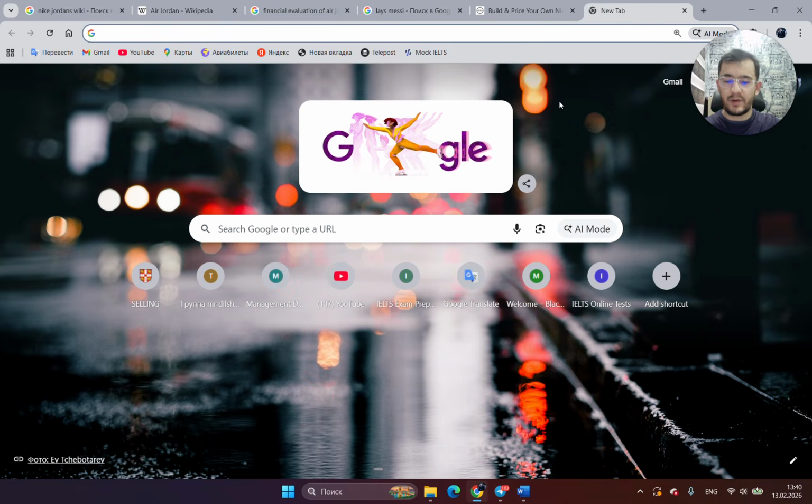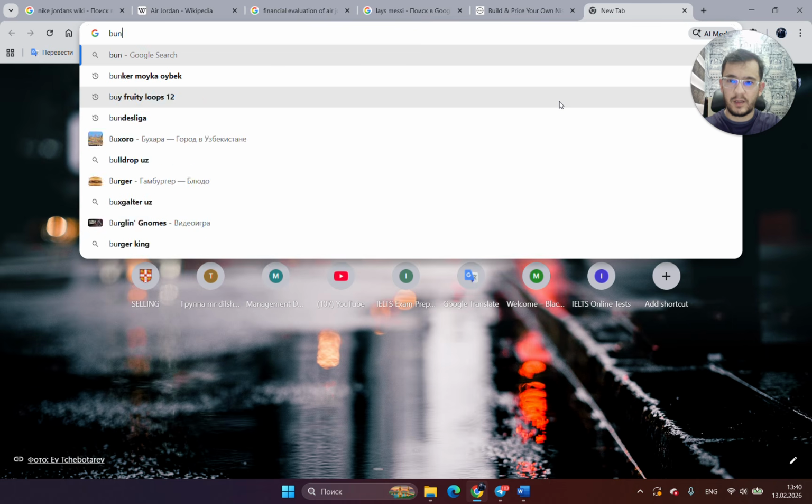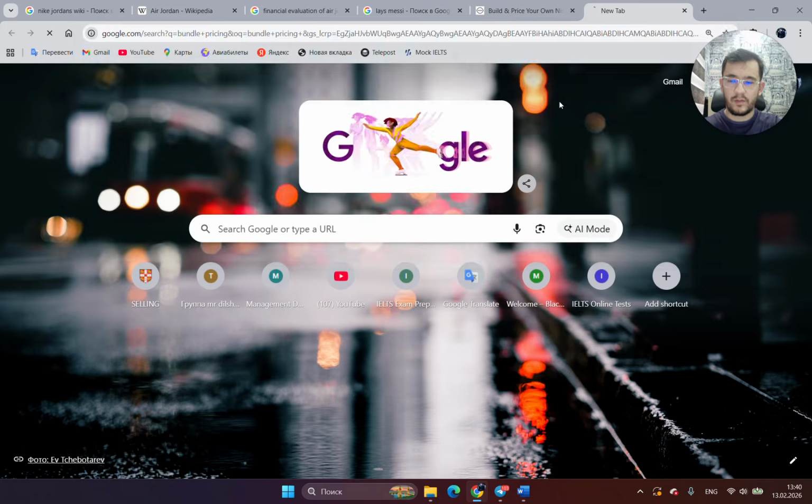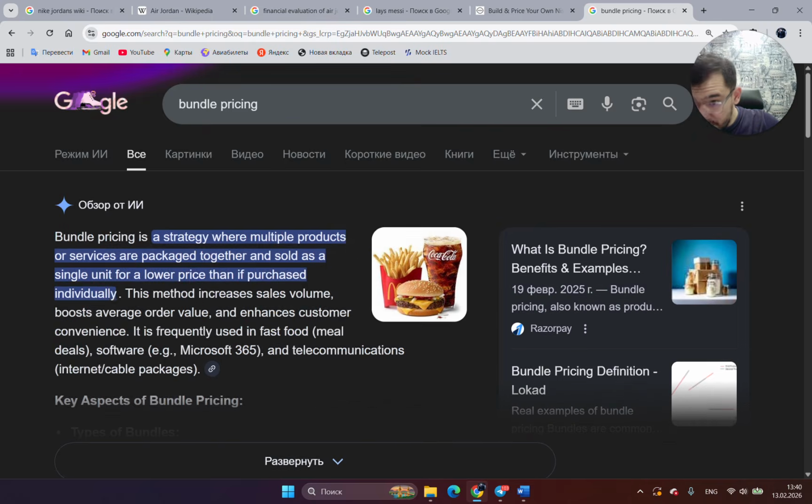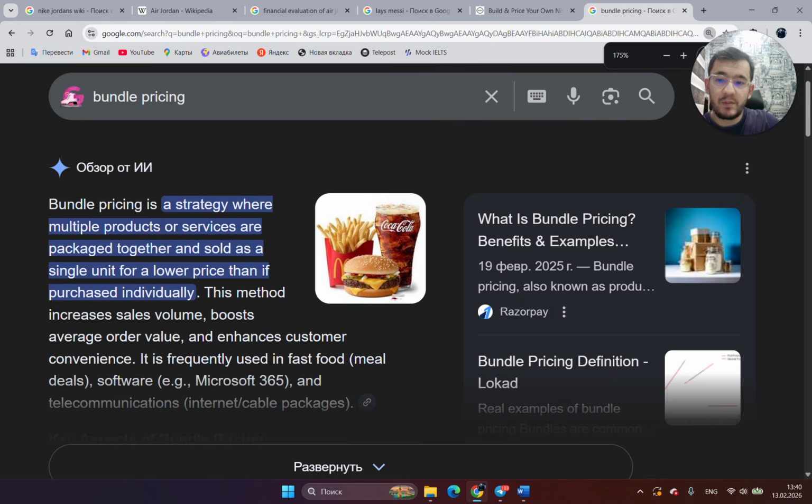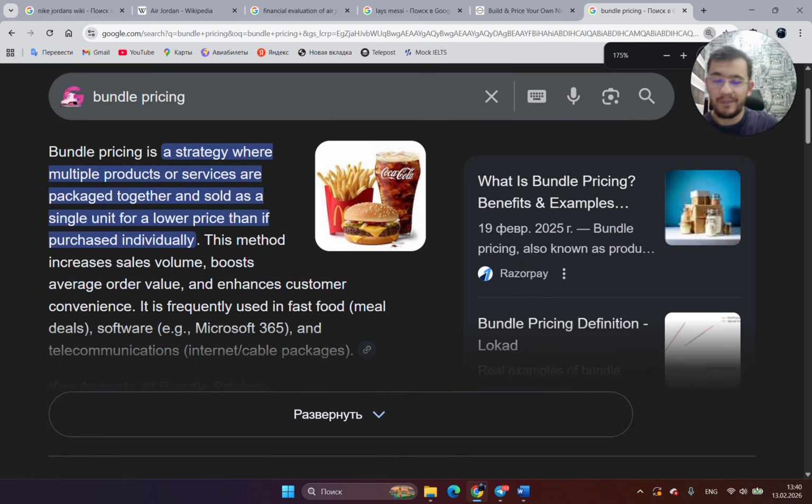I gotta make sure I'm using the right word. Bundle pricing: a strategy where multiple products or services are packaged together and sold as a single unit for a lower price than if purchased individually. Yeah, I do think that's what I thought about.